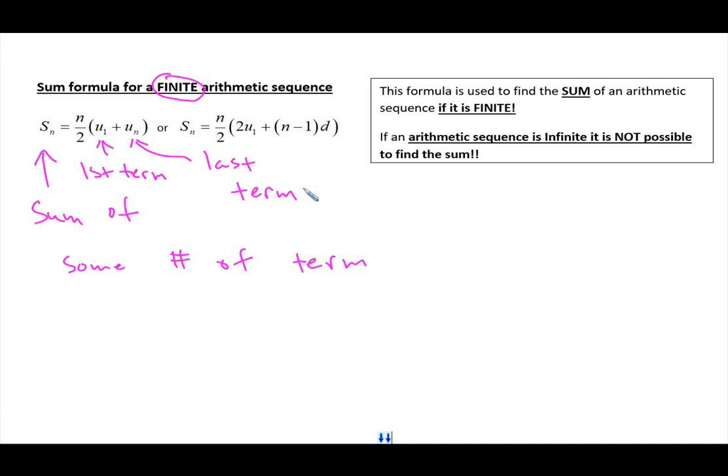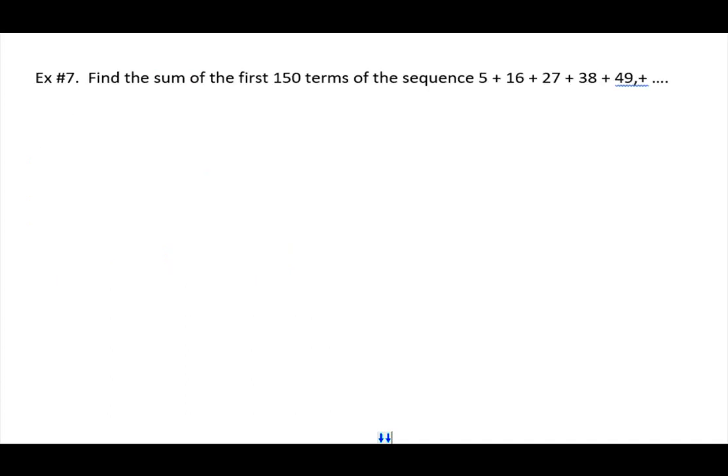Okay. So let's take a look at an example. It says find the sum of the first 150 terms of this sequence. So here's the first term, here's the second term, the third term. We need to find the sum of the first 150 terms. So the sum formula, which we just talked about, is n divided by 2 times the first term plus the last term. Now we know the first term right here.